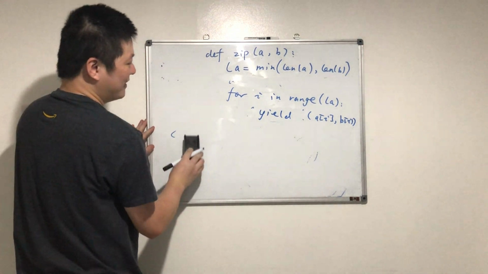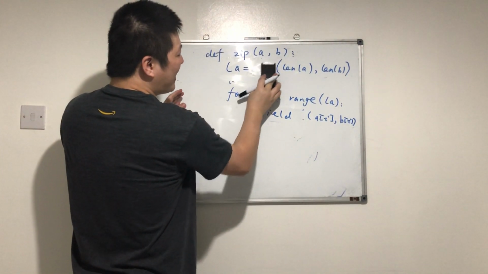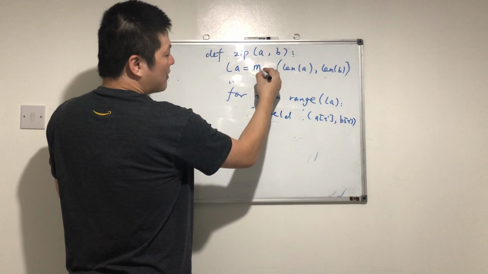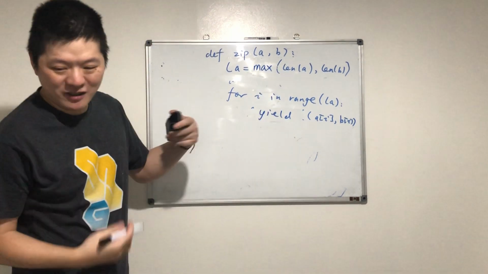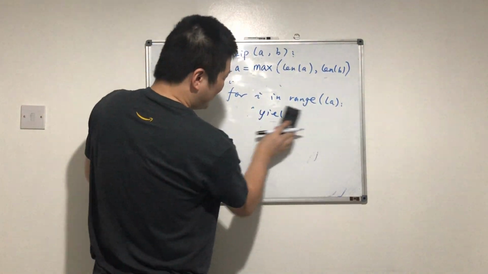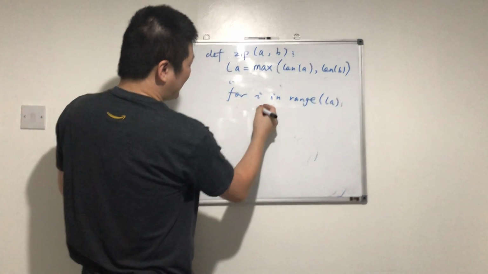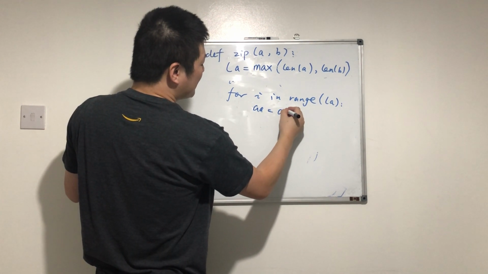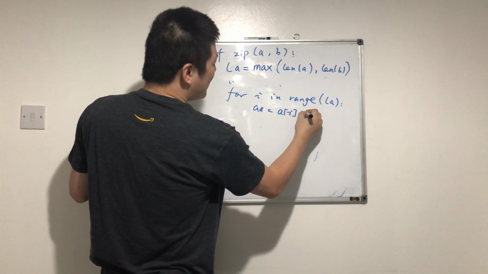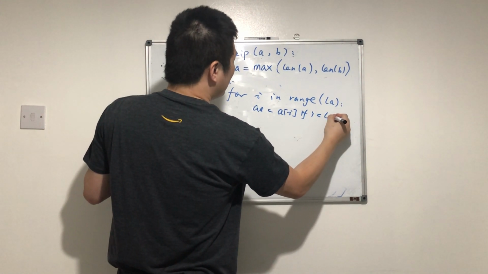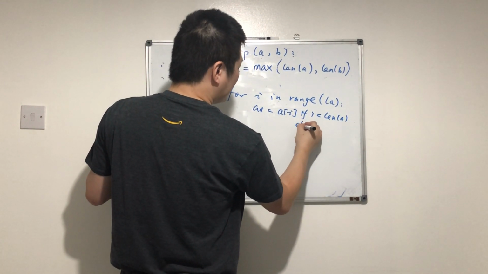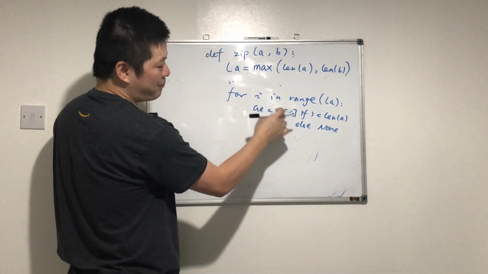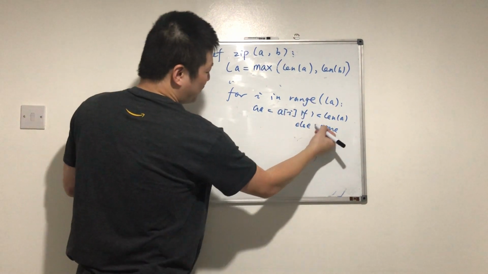Okay, now the longest one. So I change this to longest. What should I change here? Max. But now we need to do this. AA equals A I if I is smaller than length A else None, because this I may be bigger than the length, then we have to put it as None.